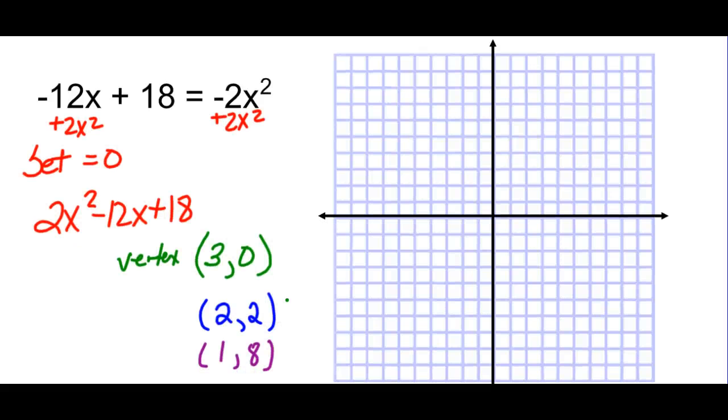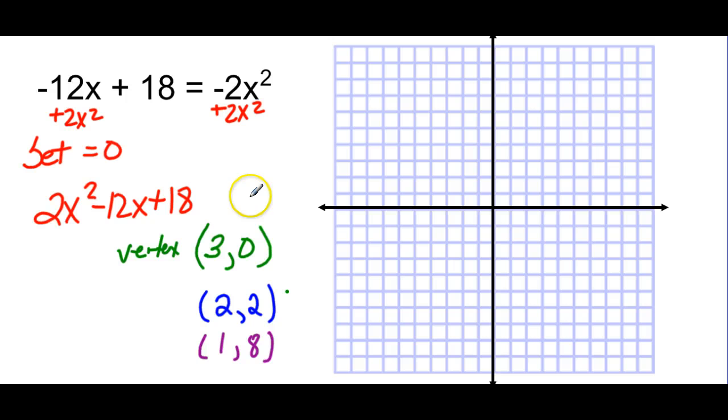All right, so we find the vertex, which is going to be 3, 0. Put a point there. Okay, find two other points. I've got 2, 2 and I have 0, 18. Okay. Again, remember that you have an axis of symmetry that goes right down the middle.